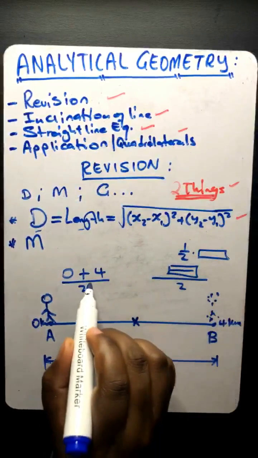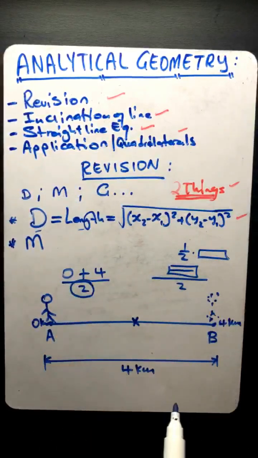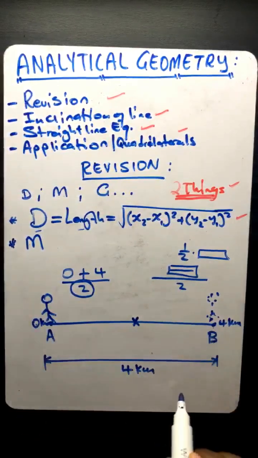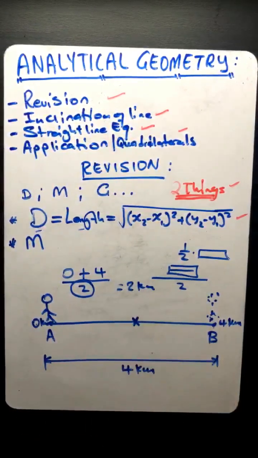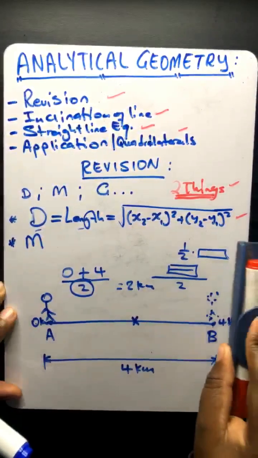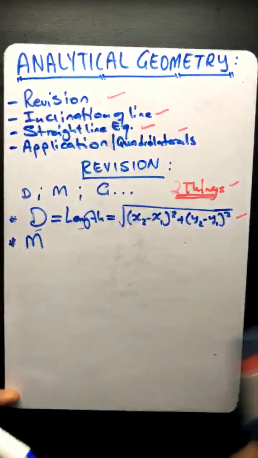So the reason why we divide by 2 in the midpoint formula is because we want to take that total, which gives you 2 kilometers. That's how you visualize what is meant by the middle point.